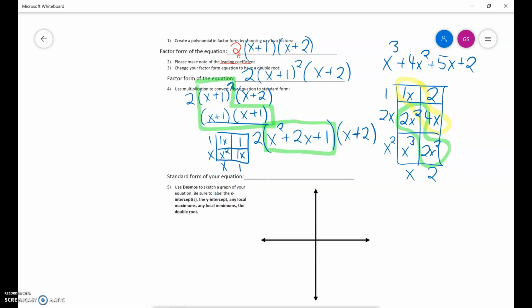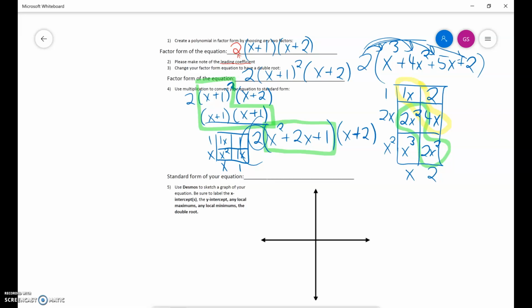So x cubed, combine these to get 4x squared. 1x and 4x is 5x plus 2. Hey, and now I can finally come back to this 2 that I completely forgot about. And I'm just going to distribute that 2 to every single term.